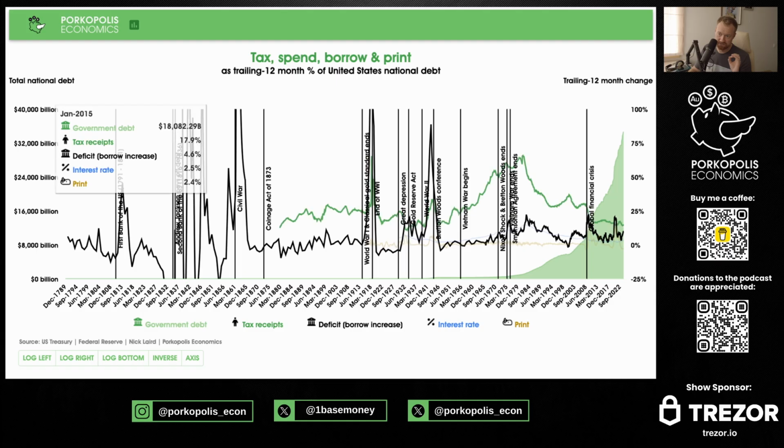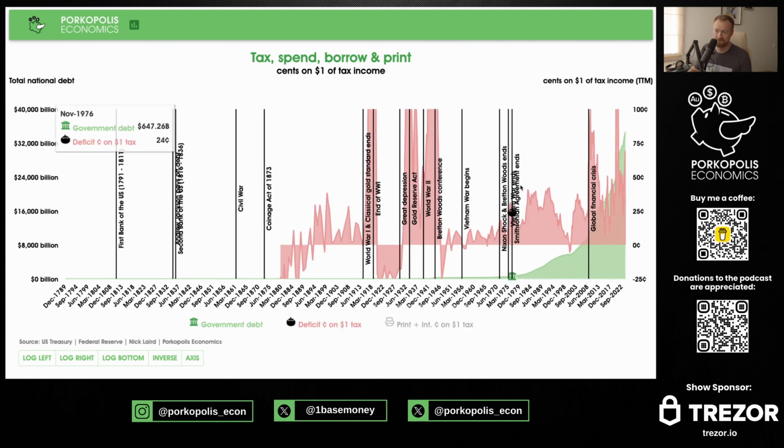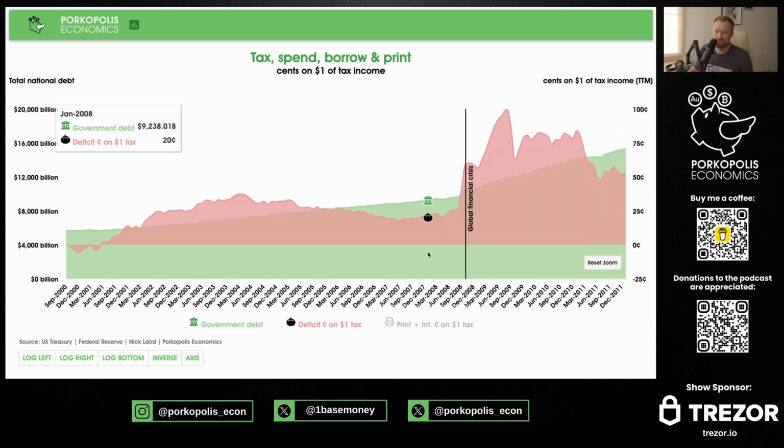Again, what this red shaded area is doing is it's putting in perspective the tax and spend side, which we have on this chart, which we've been through in the prior videos, but there's a lot of lines. I want to put them together now as far as cents on the dollar so you can understand it. Look at the Bush years, 2001 to 2008, basically the global financial crisis.